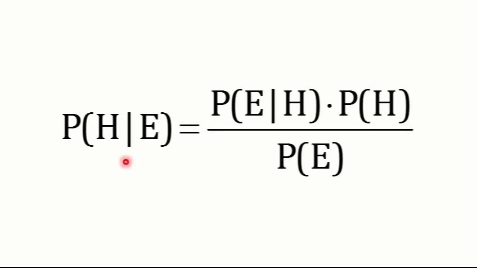And this vertical bar is the sign for conditional probability, which simply means the probability of something given something else. So this is the probability of the hypothesis we are considering, given or in the light of the evidence associated with it.